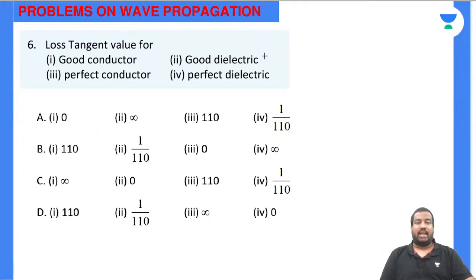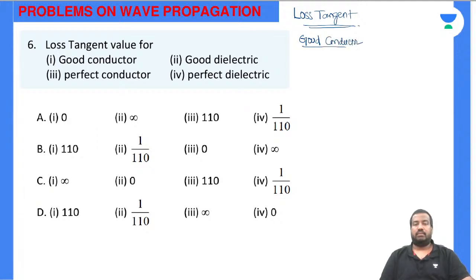Find the loss tangent value. For a good conductor, sigma is far greater than omega epsilon. Sigma by omega epsilon is far greater than 1.